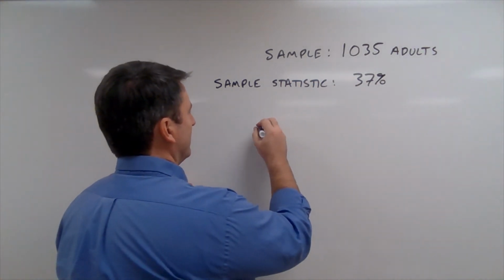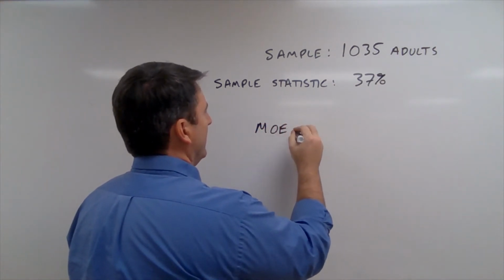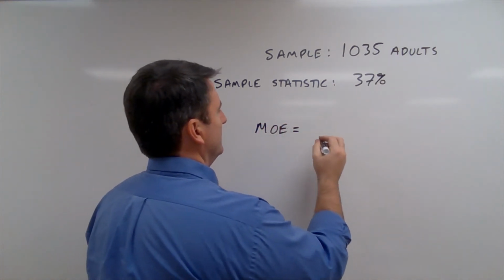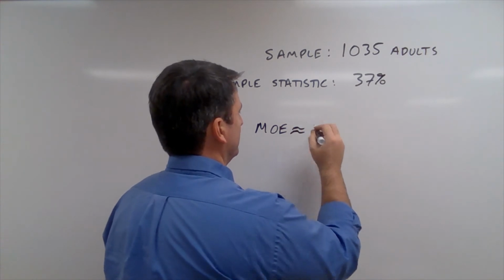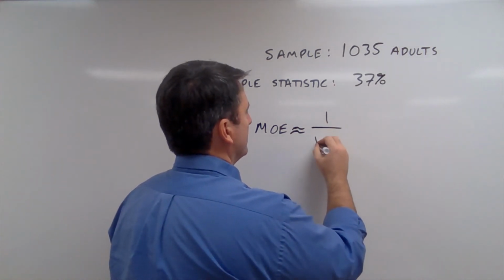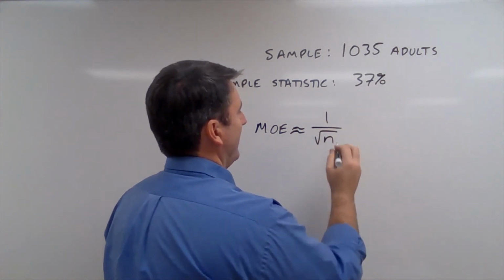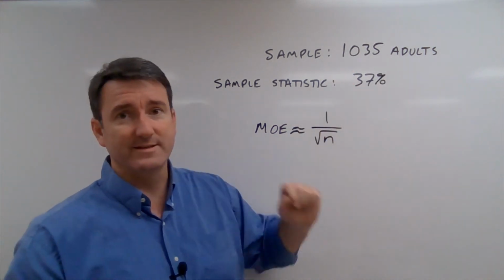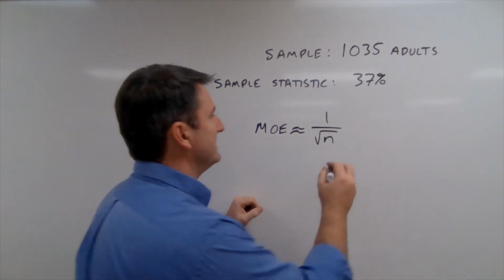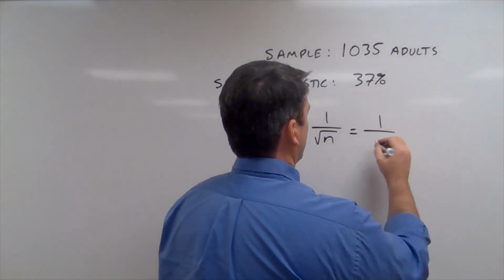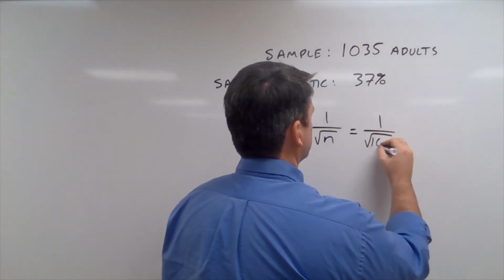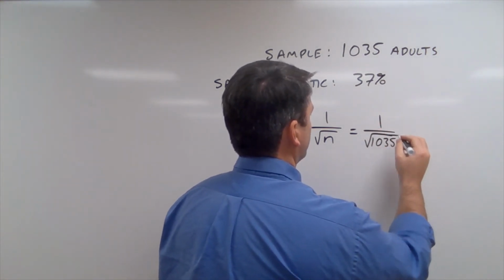The margin of error is approximately equal to 1 over the square root of n, where n is the sample size. So in this case, that's 1 over the square root of 1,035.